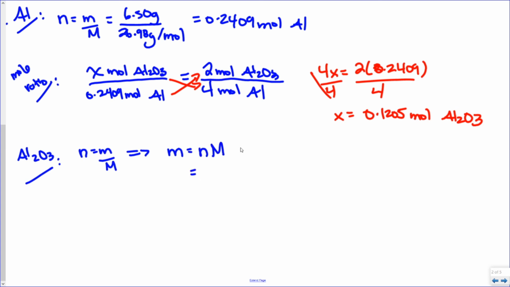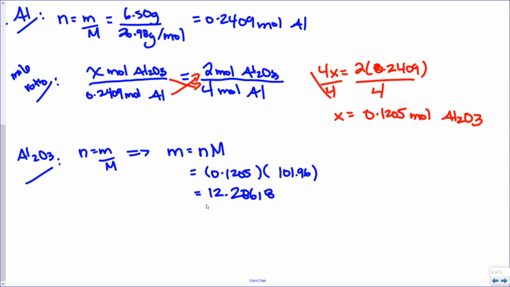The number of moles we just calculated was 0.1205, and the molar mass we calculated up above was 101.96. You multiply those two together, 0.1205 times 101.96 gives me 12.28618.